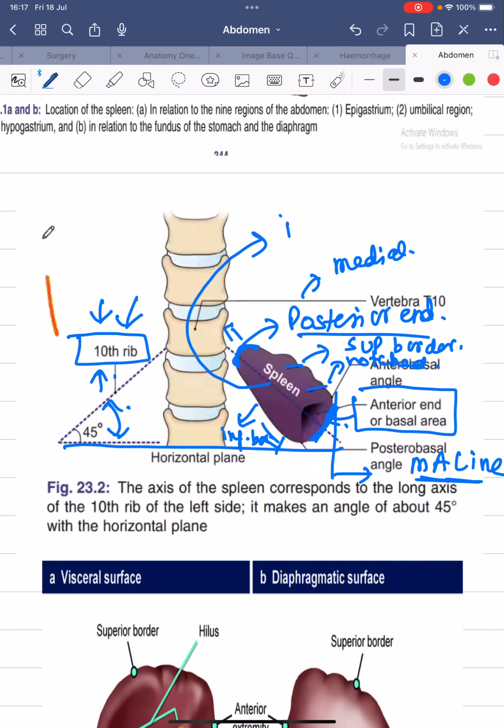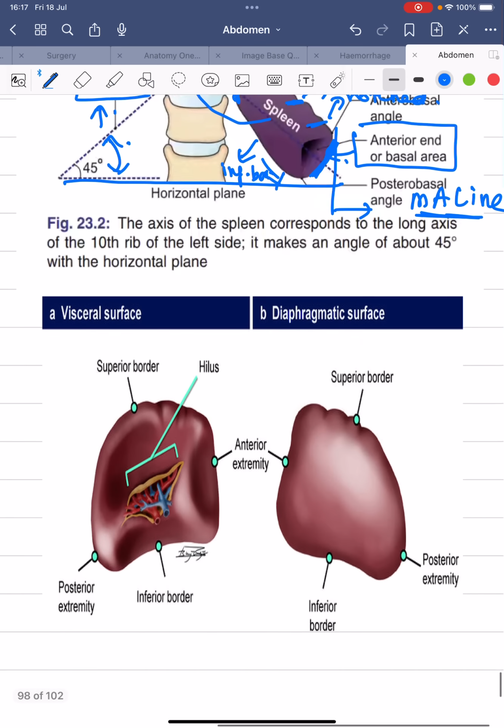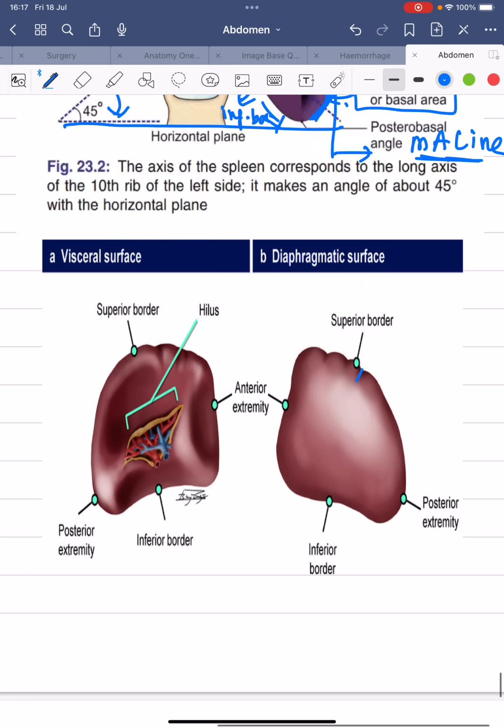So the three borders of the spleen are the superior border, which is the notched one, the inferior border and the intermediate border.